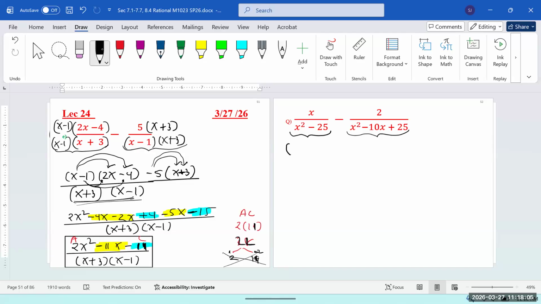We got a difference of perfect squares. x plus 5, x minus 5. Direct factoring, good.